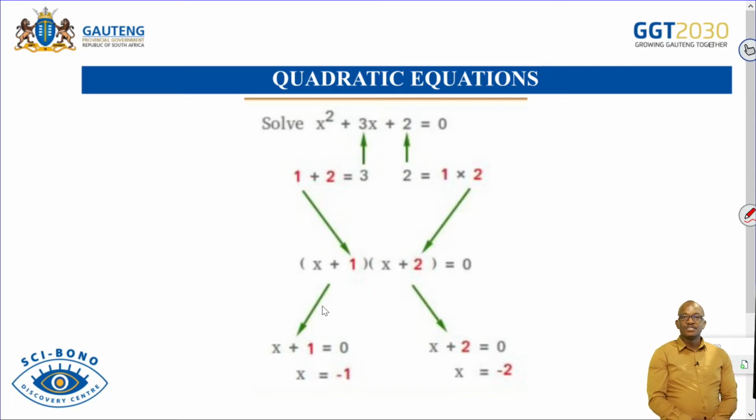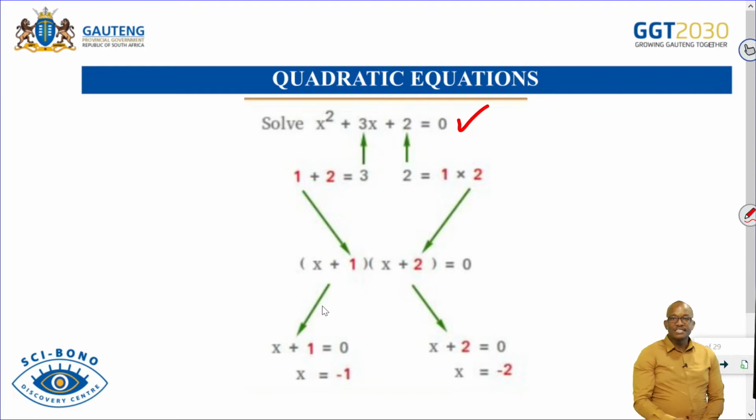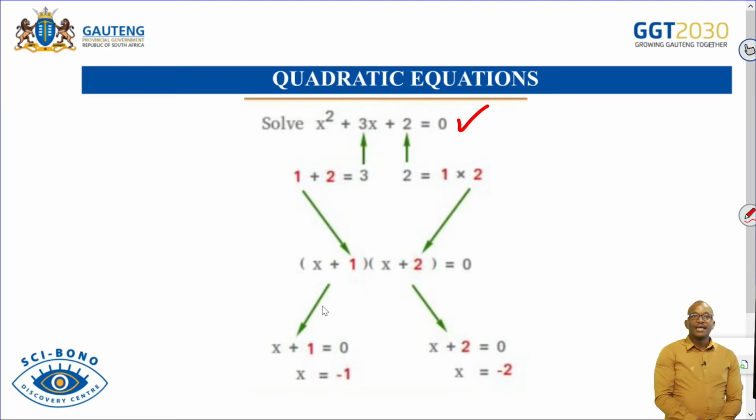So the first step is a tick, because the equation is in standard form. But now we have to know how to factorize. In order for us to factorize, remember you have to open your two brackets. After opening two brackets, that's where you start to factorize. Then how do we factorize?